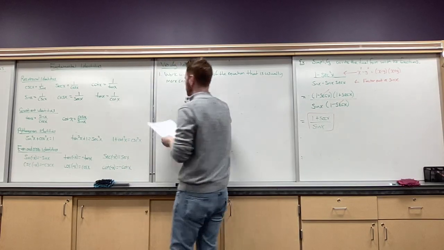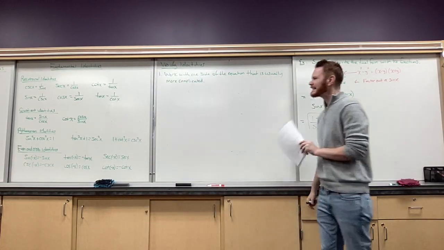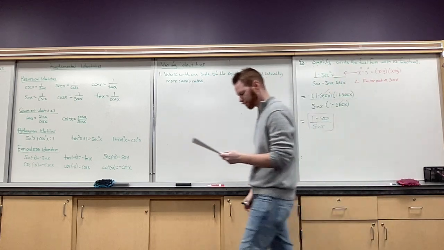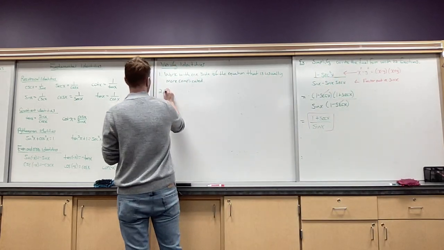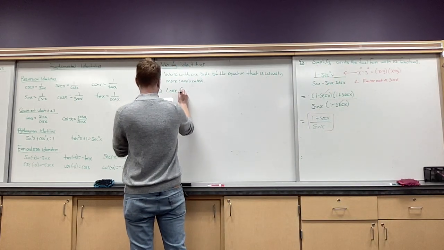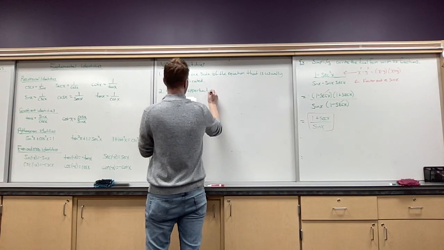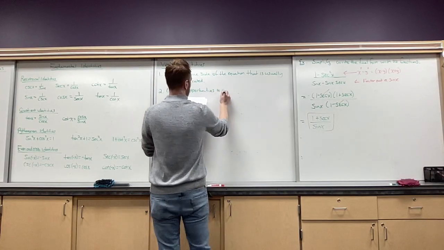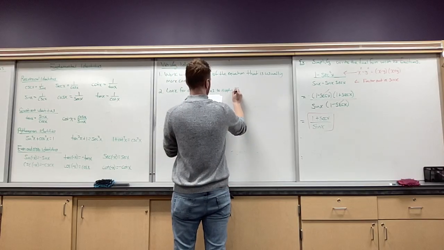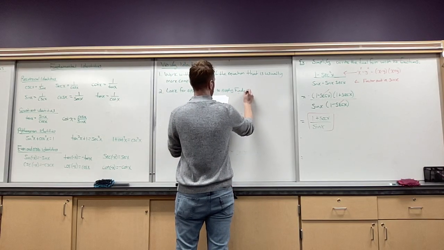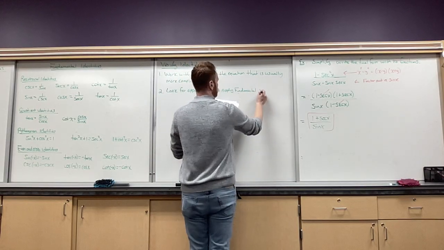Usually with math, you want to do something that's not complicated. So this is kind of the reverse of it. Step 2, you want to look for opportunities to apply fundamental identities.